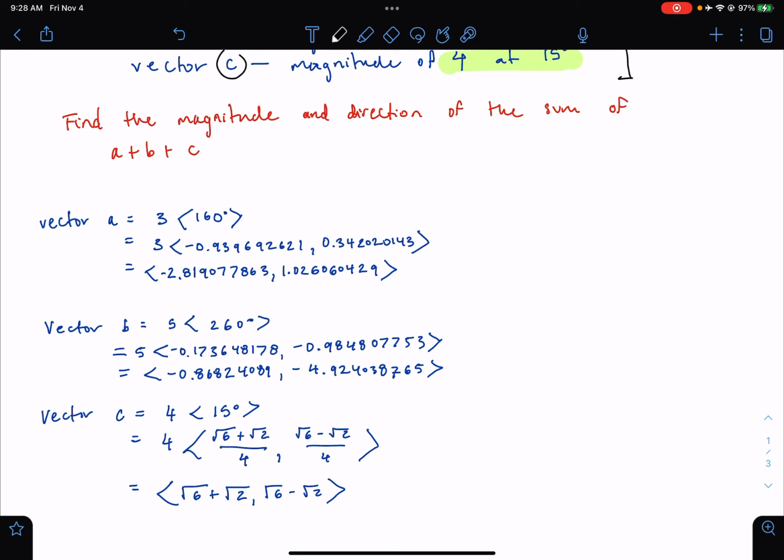So, for anything that's in these brackets, I have cosine on the left, and then I have sine on the right.